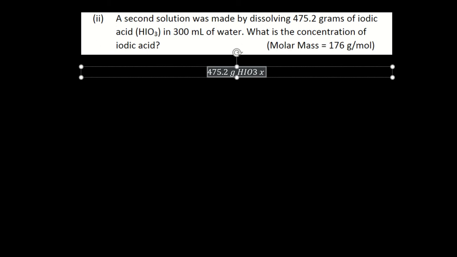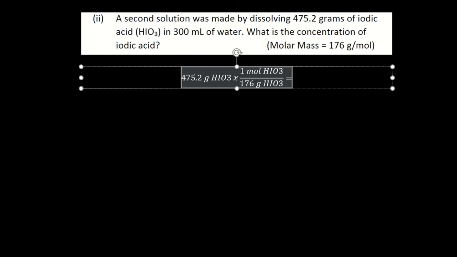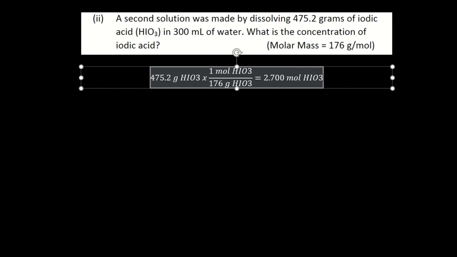We're just going to multiply that by its inverse molar mass, 1 mole of HIO3 per 176 grams of HIO3, and that would come out to 2.700 mole of HIO3, iodic acid.